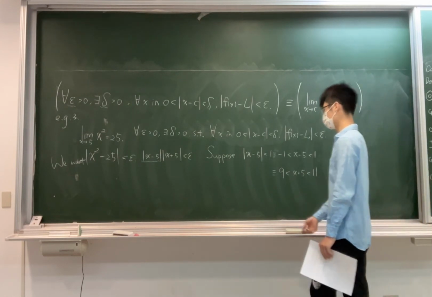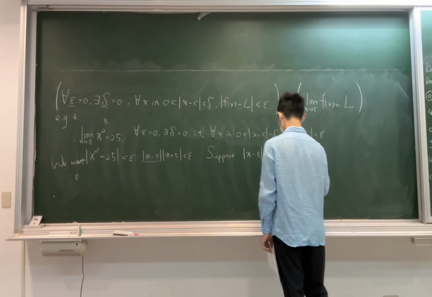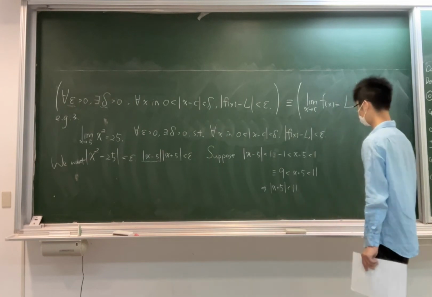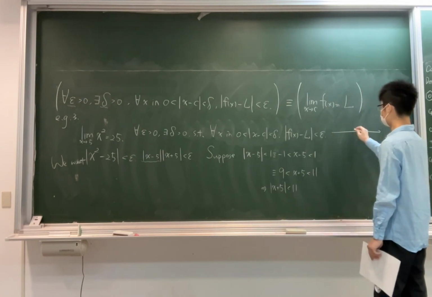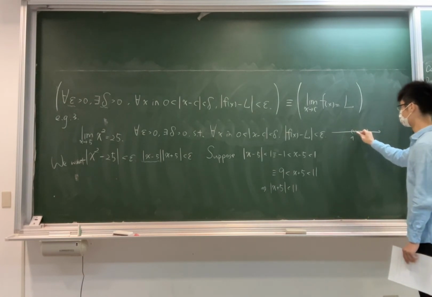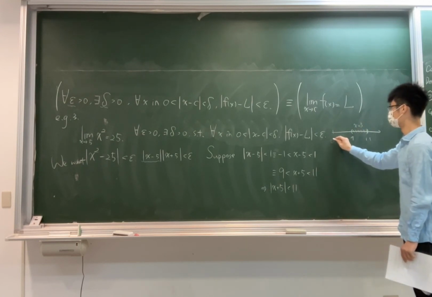So we can have the inequality that x plus 5 is less than 11 because here will be the range of x plus 5 and here is 0.